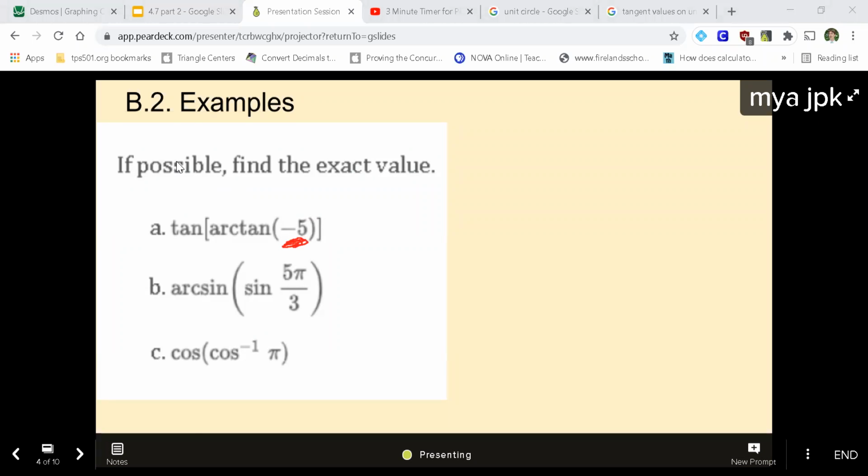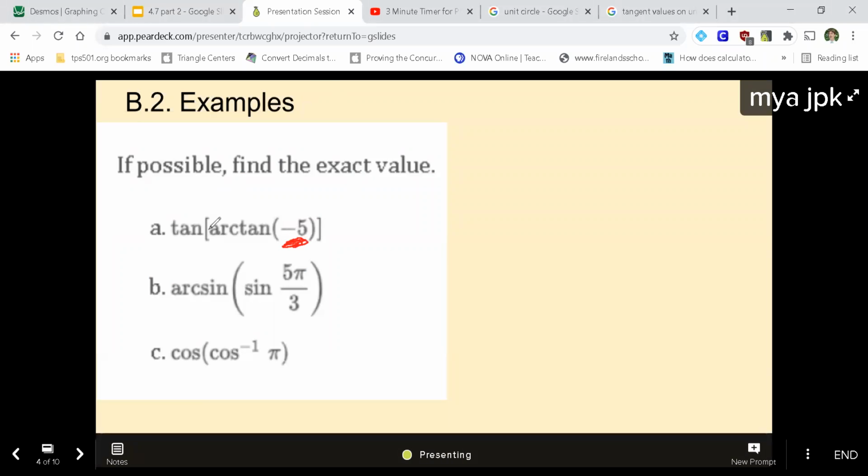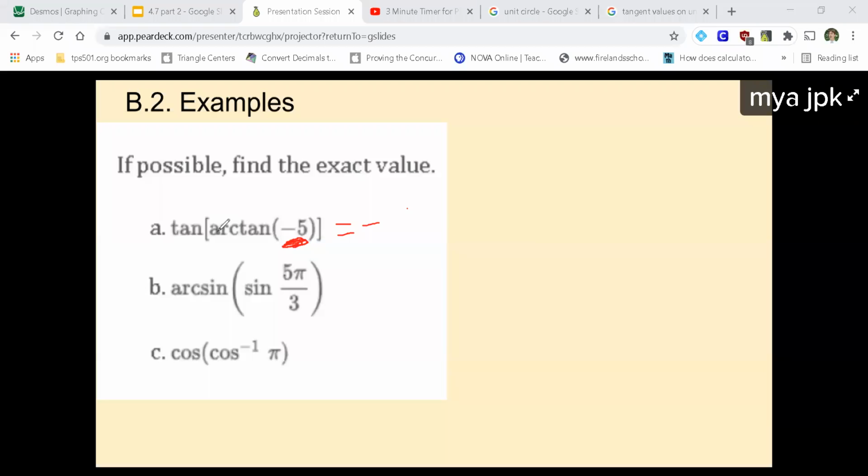Domain of arctangent is all real numbers. So since our x value is a real number, we can use our inverse property, and the tangent and arctangent operations will cancel out, and the answer is just -5.